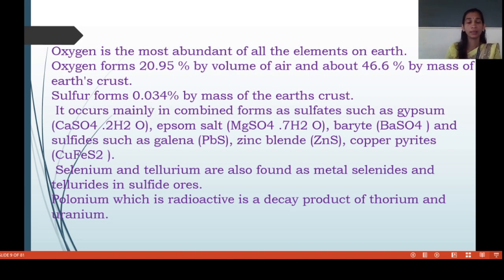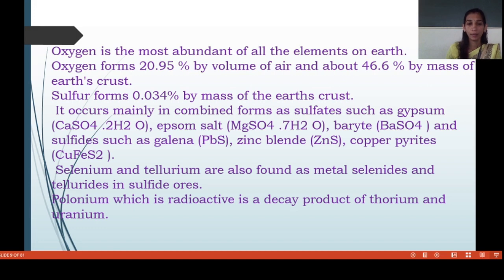These oxygen family elements also occur in combined form, that means sulfates such as gypsum, different salts, and copper pyrite. You all should remember the formulas of these salts or sulfides.